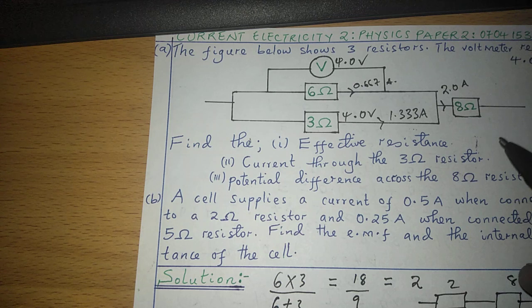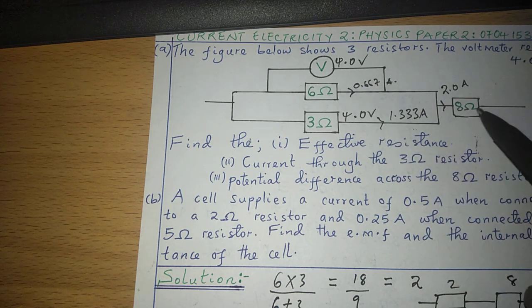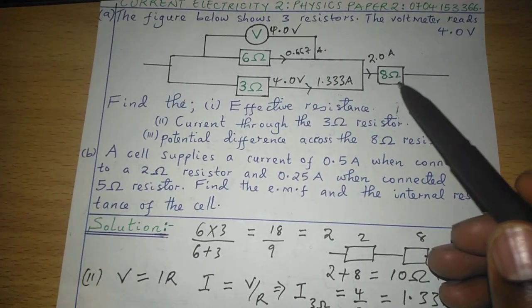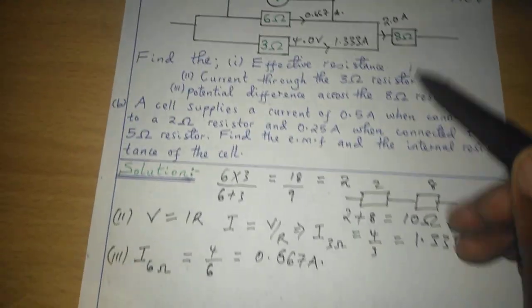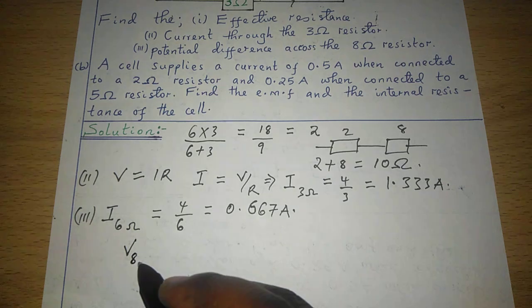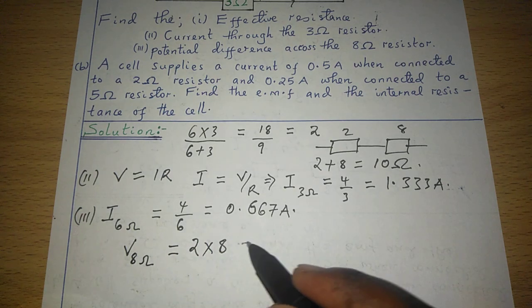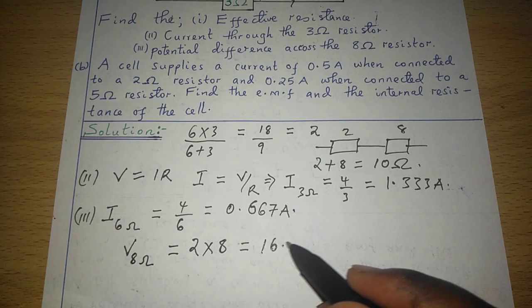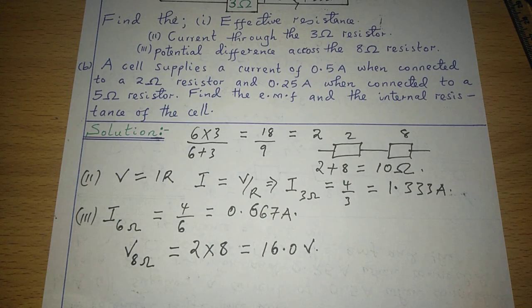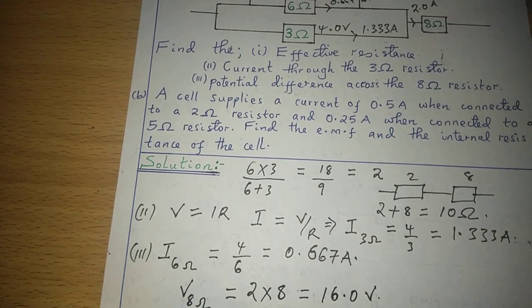So the total current flowing in these two combines to flow in the 8 ohm resistor, and we have 2 amperes and a resistance of 8. The voltage across the 8 ohm resistor is going to be current, which is 2, times 8, the resistance, which is 16.0 volts. So we have 16.0 volts as the voltage across the 8 ohm resistor.